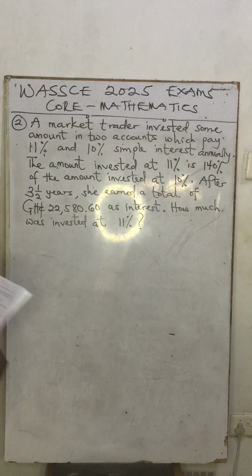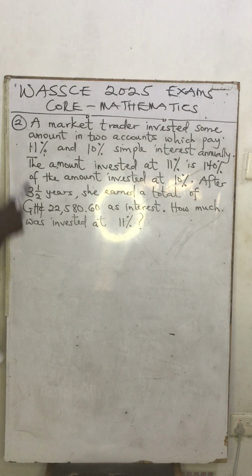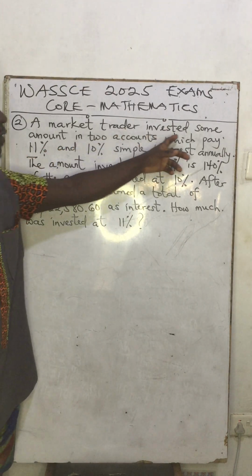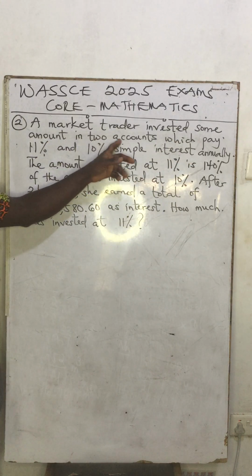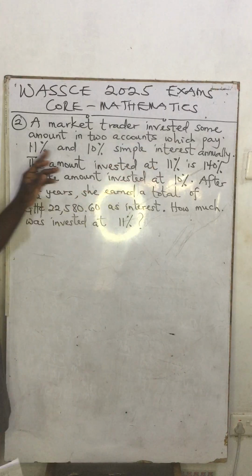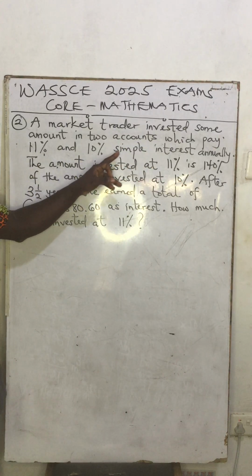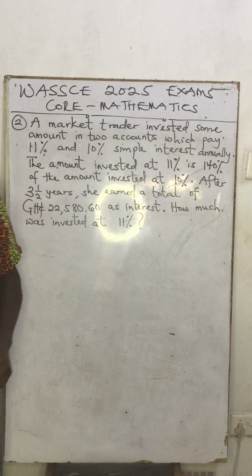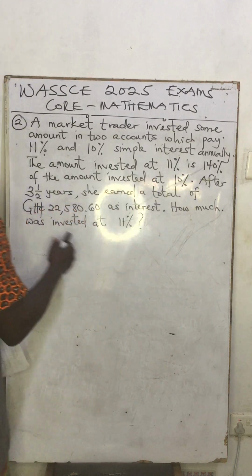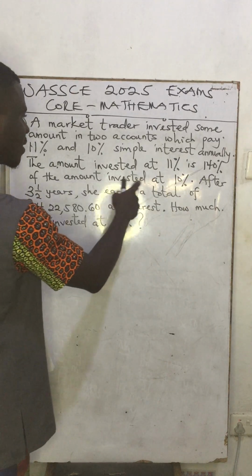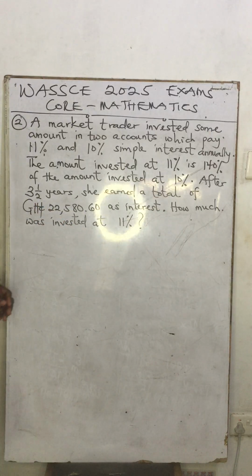Alright, so let's see. Question 2. A market trader invested some amount into accounts which pay 11% and 10% simple interest annually. The amount invested at 11% is 140% of the amount invested at 10%.